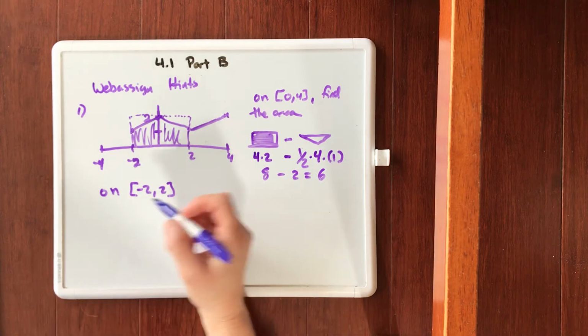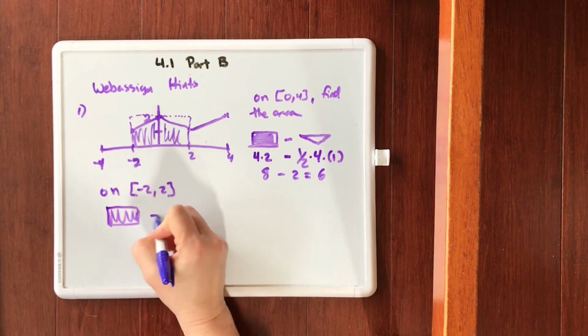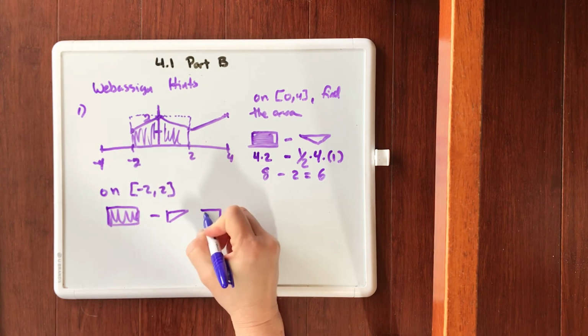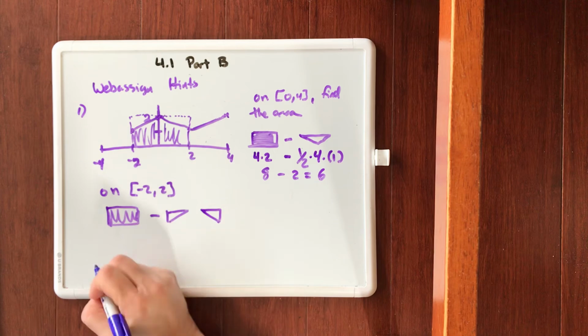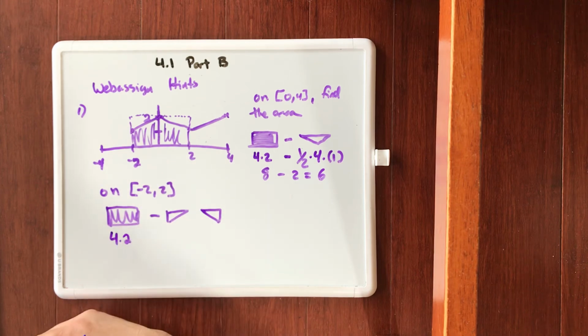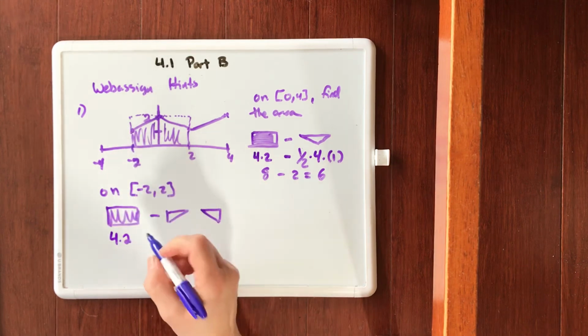Then we could take the area of the rectangle and subtract these little triangles. The area of the rectangle, once again, is 4 times 2. Now these triangles, what are they? From here, the base is 2 and the height is 1.